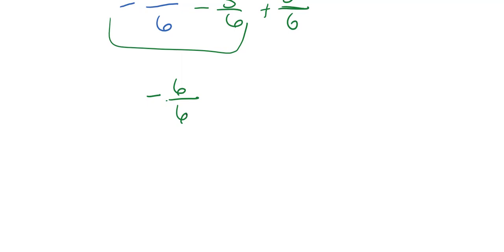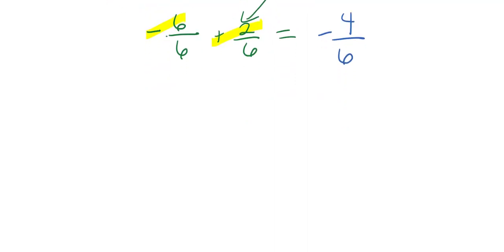So we've done that, and we're just going to go and bring down that plus 2 over 6. So we still have the same denominator because we haven't reduced, because we want to keep it the same. And so we have negative 6 and then plus 2, right? Because we're keeping the denominator. So we're just dealing with the top number. So negative 6 plus 2, well, that would be negative 4 over 6.